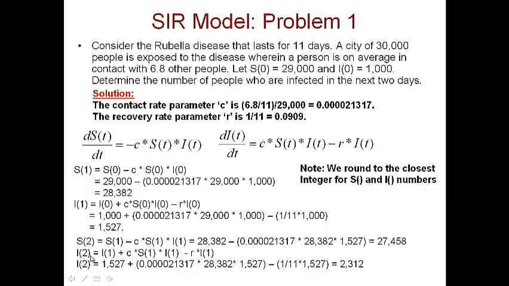Now I of 2 is I of 1 plus C times S of 1 times I of 1 minus R times I of 1. Plug in all the values: I of 1 is 1527, plus C times S of 1, which is 28,382, times I of 1, minus 1 over 11 times I of 1, which is 23,112. So that's the number of people who will be infected on day 2.